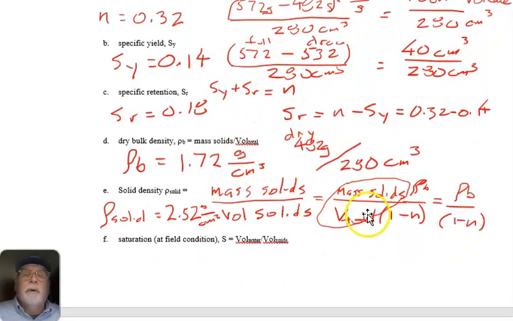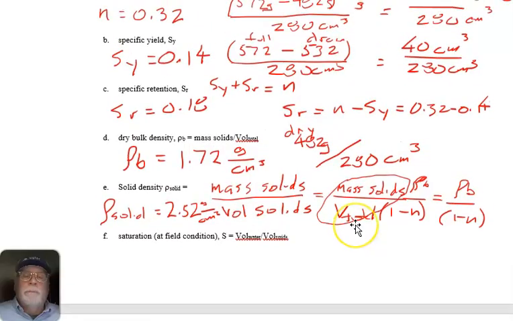And finally, the one I want to mention here is the saturation. The saturation is, unlike these that are divided over the total volume, the fraction of the voids that's filled with water.